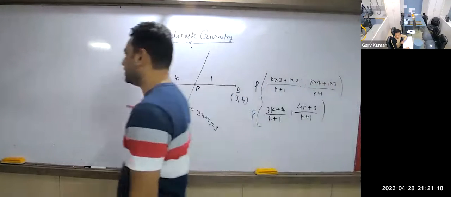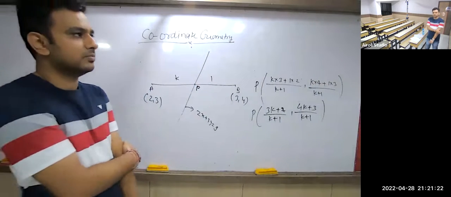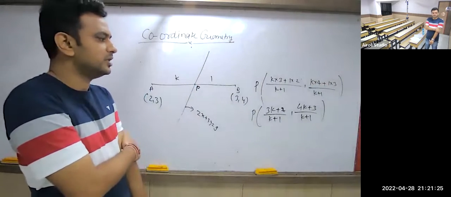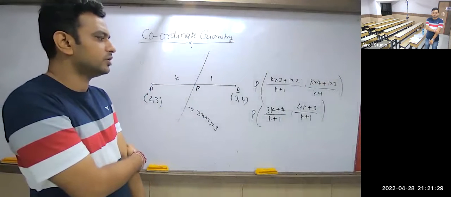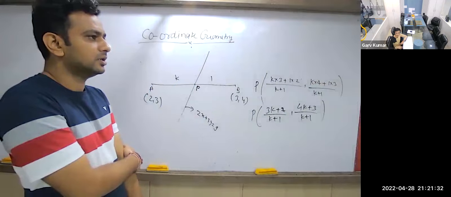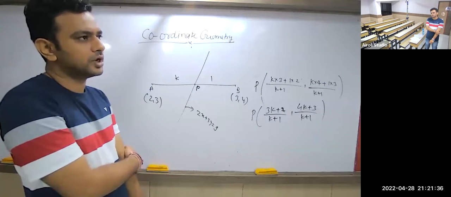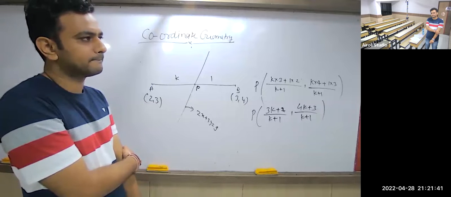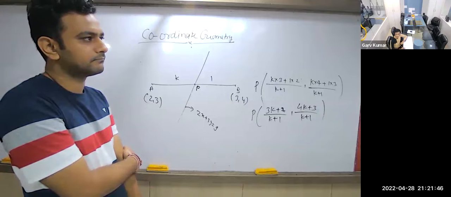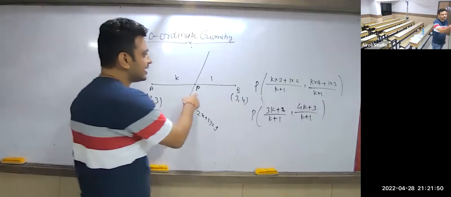So now you have the coordinate of point P in terms of k. But you have to find the coordinate of the line intercept, so you need to find the k value. So how will you solve? By making a quadratic equation. Actually, this point will lie on this line also.